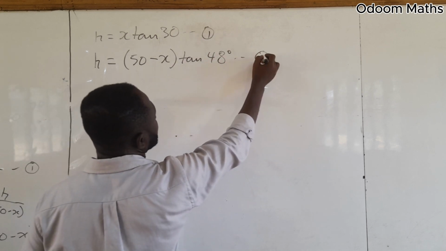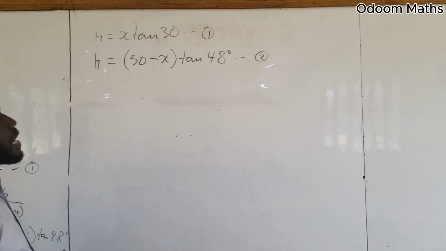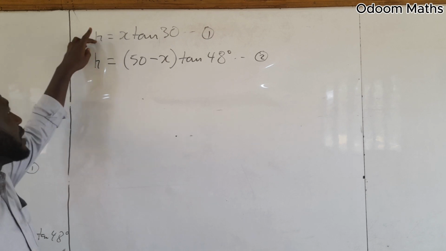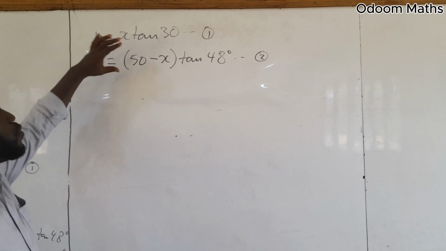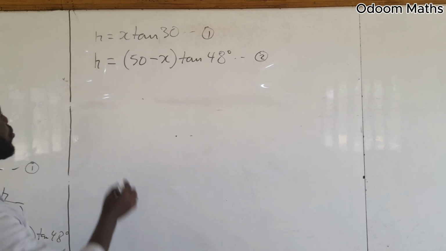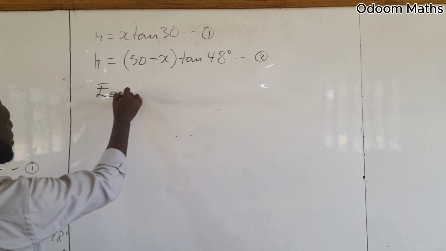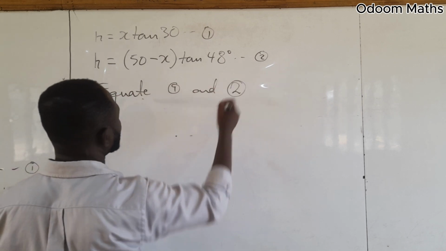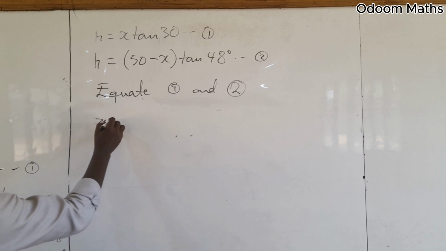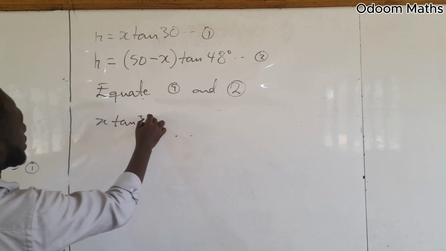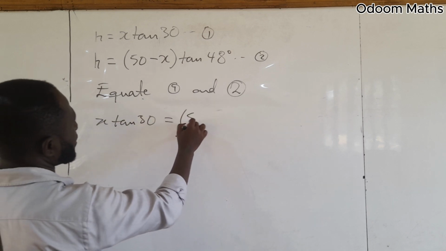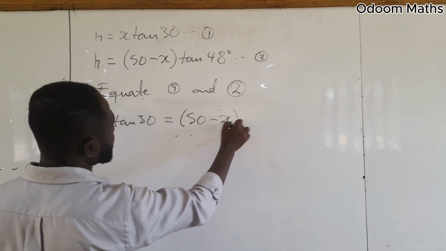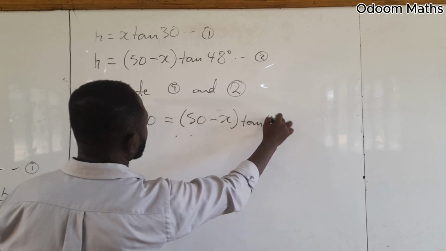Since we have the height H in both equations, we can equate the two. Equating equations 1 and 2, X tan 30 is equal to (50 minus X) tan 48.